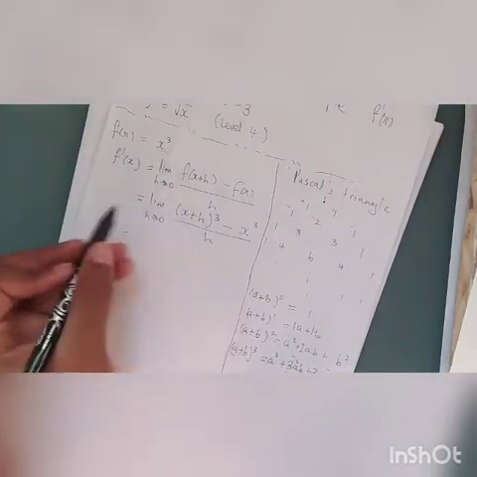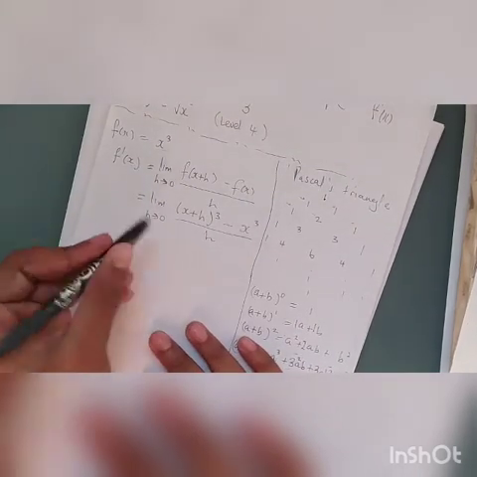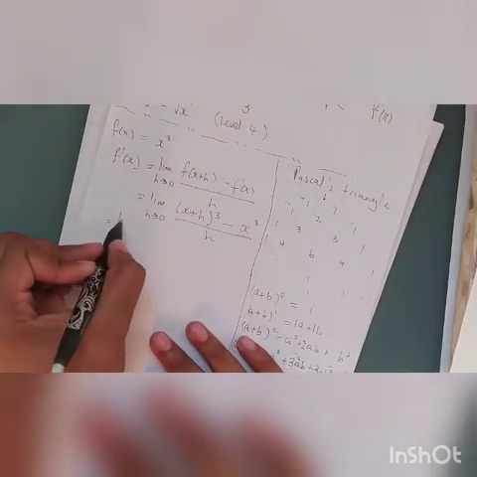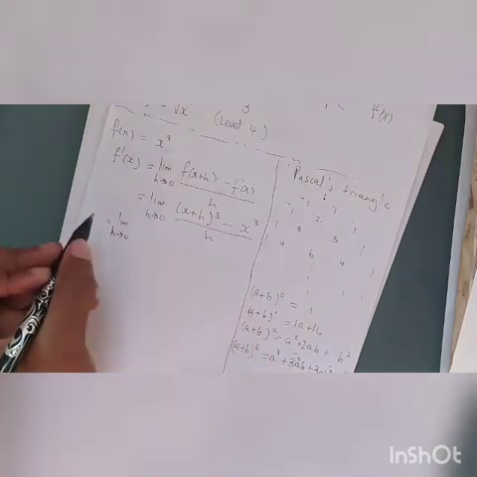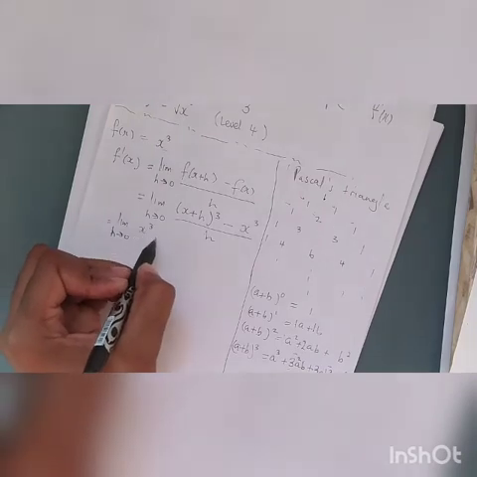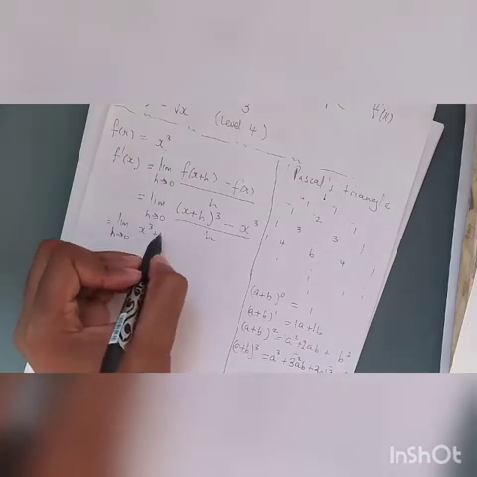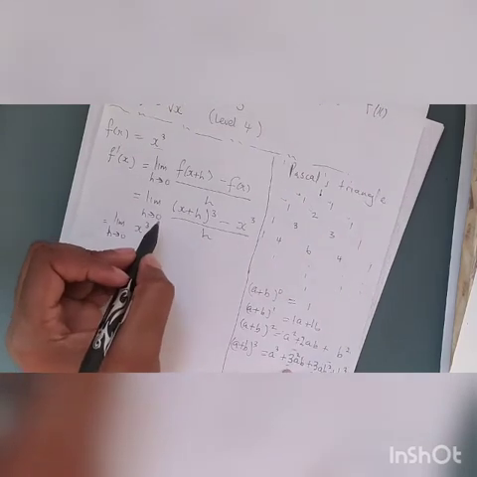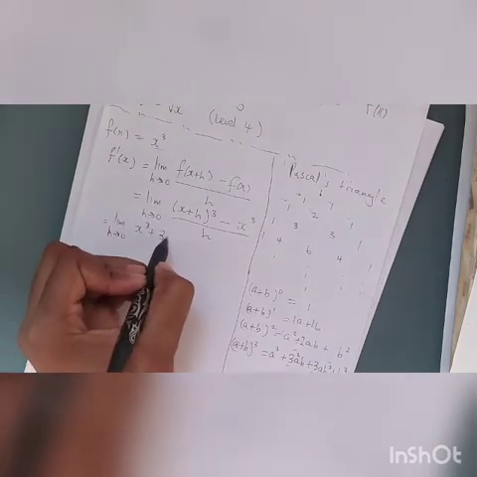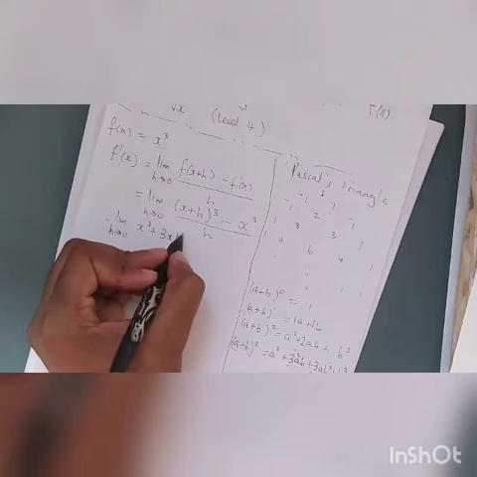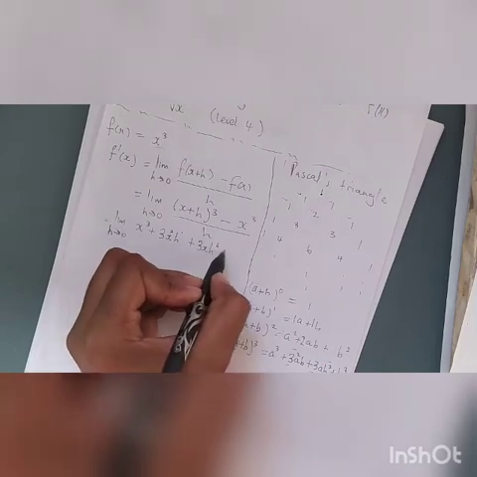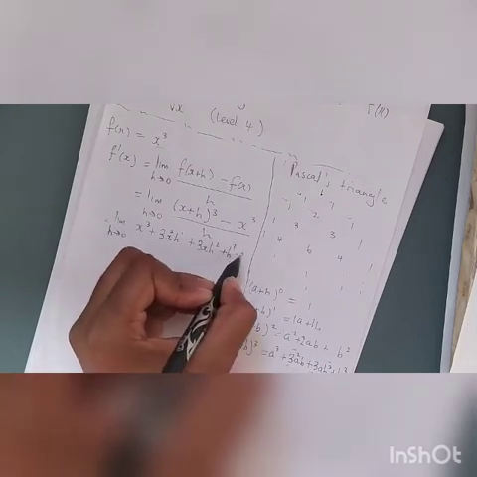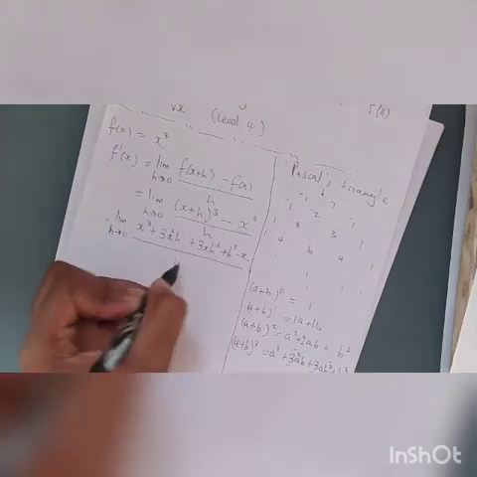So when you expand this, you know now what it's going to be. A to the naught. So it's going to be x to the 3 plus, don't forget, 3x squared h plus 3x h squared plus h cubed minus x cubed, and then this is all divided by h.